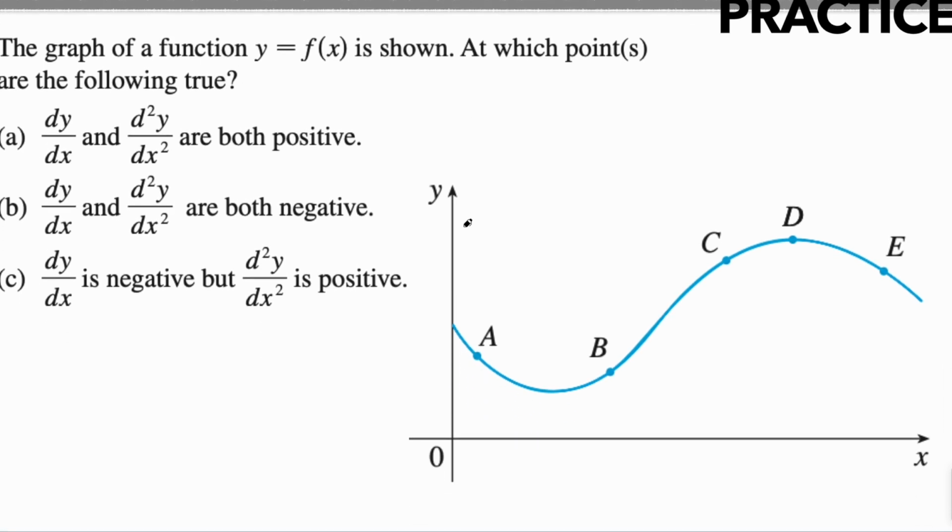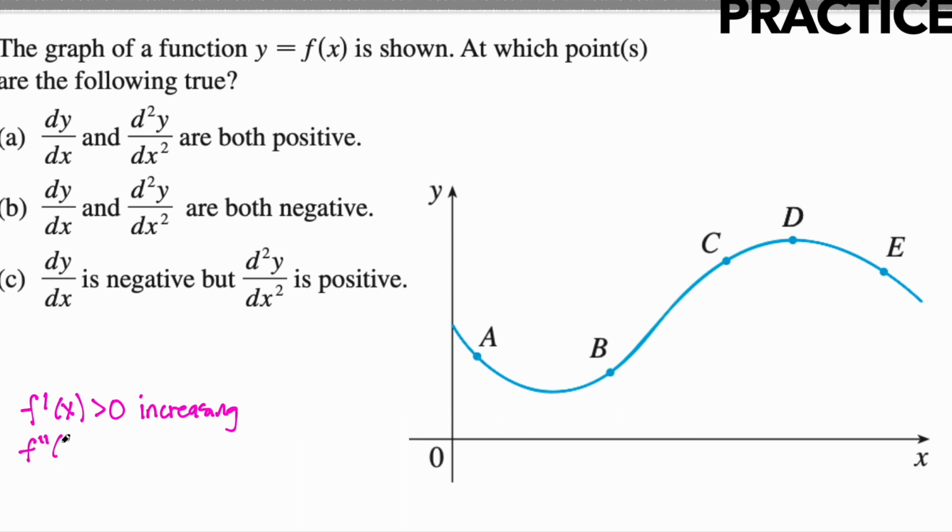So last practice, let's determine which values are represented by the following. The first derivative and the second derivative are both positive. If the first derivative is positive, that means the function is increasing.